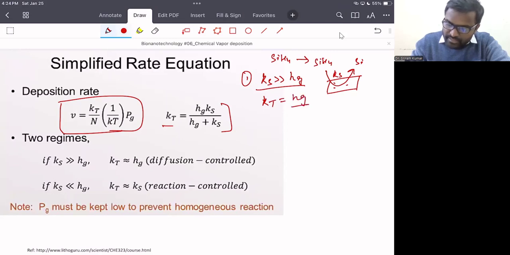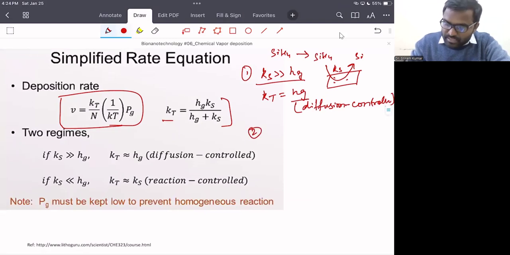KT close to the Hg, and this is the diffusion control process. So in this case, we have diffusion control process. And in the second case, if the surface reaction rate constant Ks is much less than Hg, in this case we have KT close to this Ks.